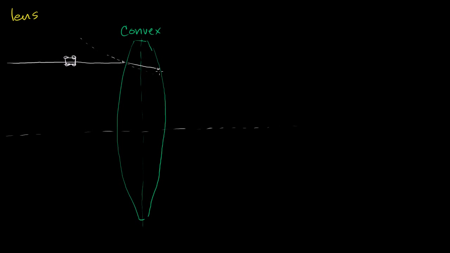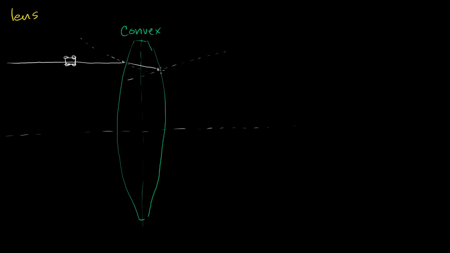And then once you get to this interface, now you're going to move into a faster medium, into the air again. And let me draw a perpendicular over here. And you can imagine that the top side of this ray is going to come out first.